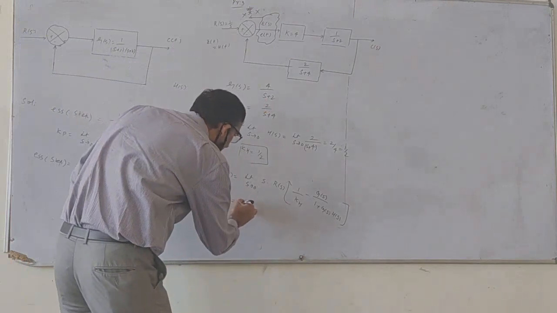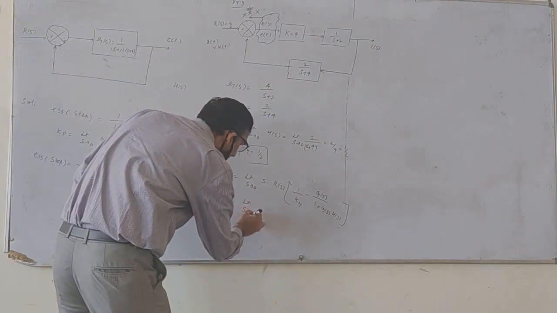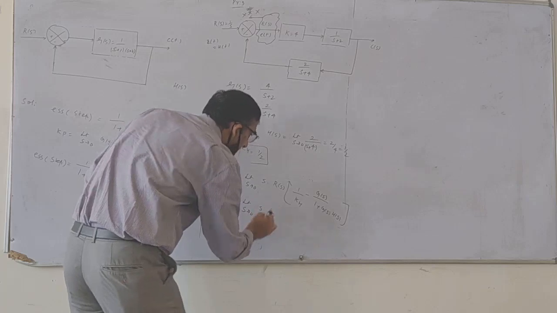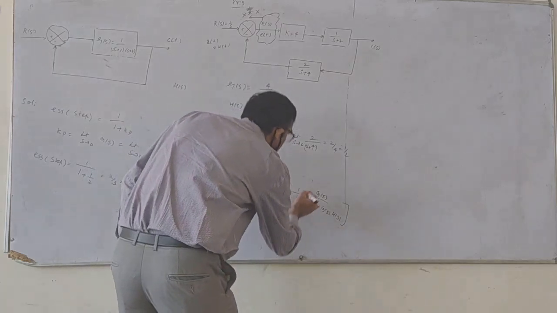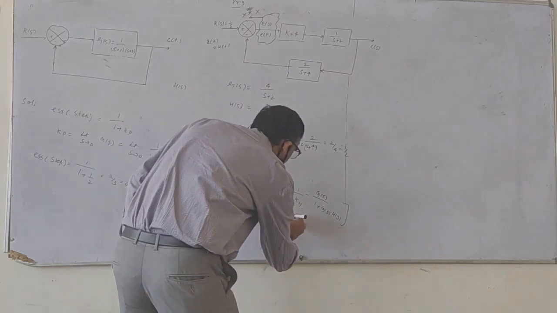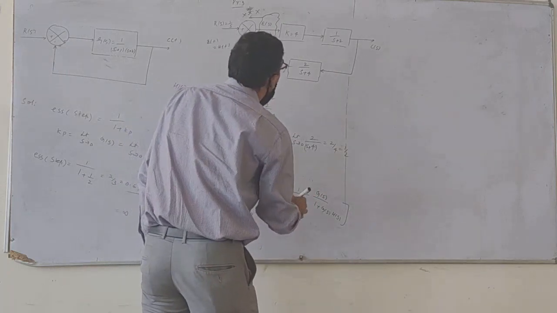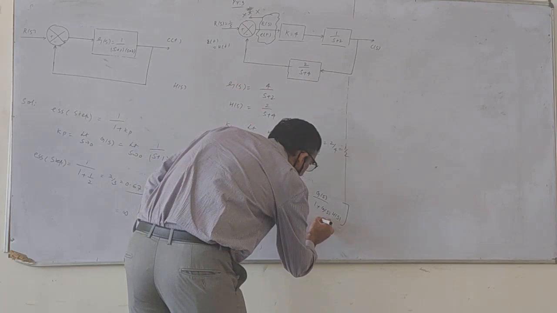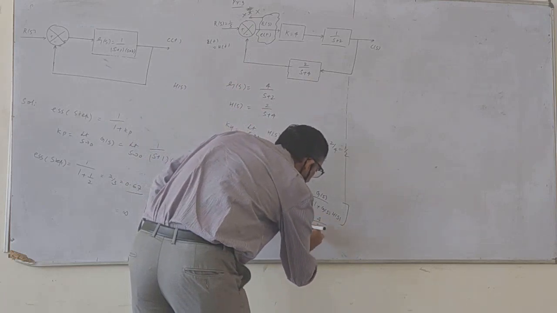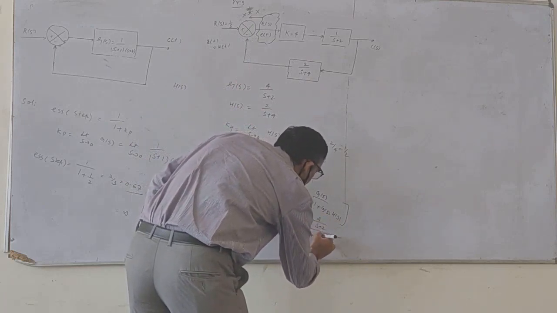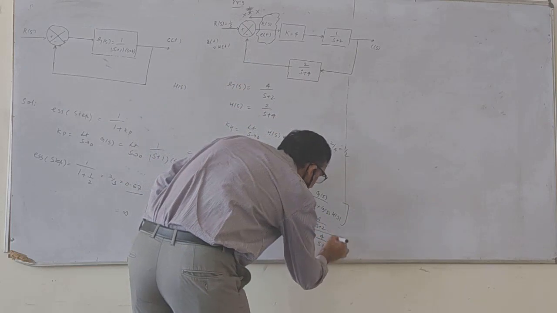What is our input? Input is step, written as 1 by s. So this is 1 by 2, 2 will go up, minus G of s. What is G of s? G of s is 4 divided by s plus 2, whole divided by 1 plus 4 divided by s plus 2.